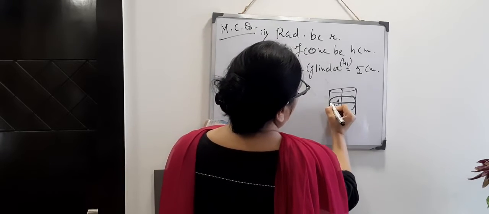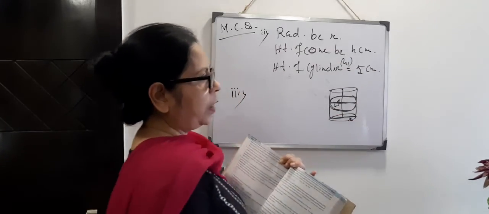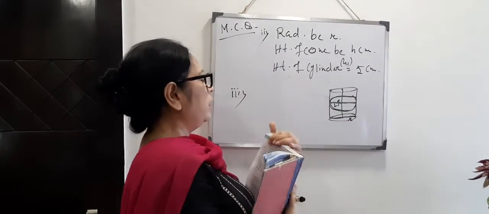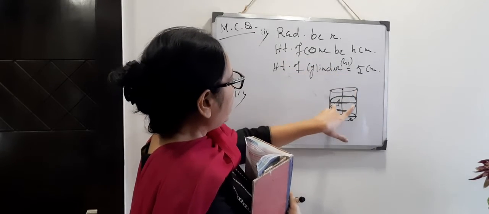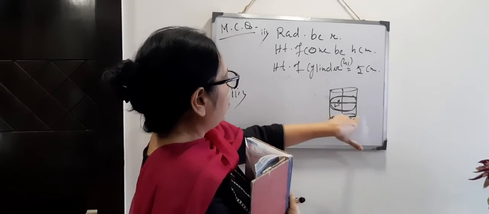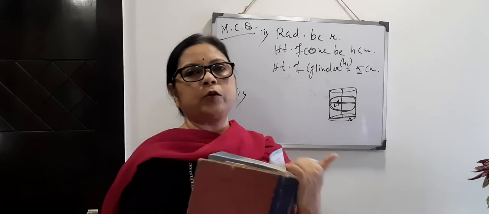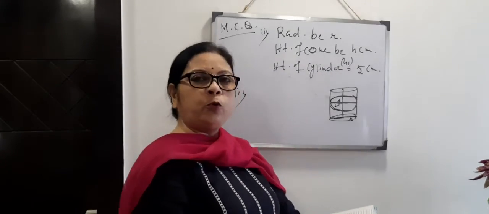Clear? So largest sphere that can be kept inside the cylinder is this shape. And the diameter of this will be equal to the diameter of the cylindrical part. So what will be the diameter of the sphere? Diameter of the sphere will be 2r.